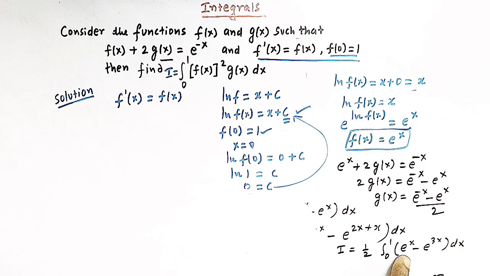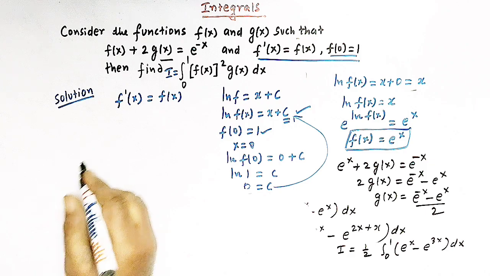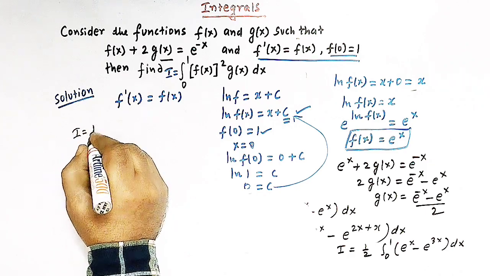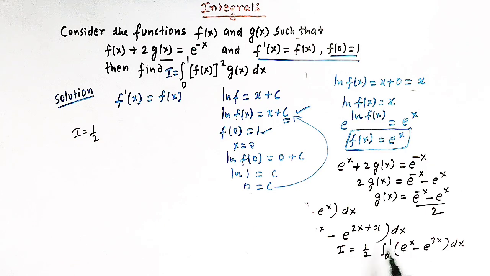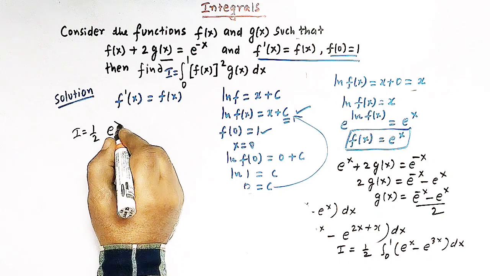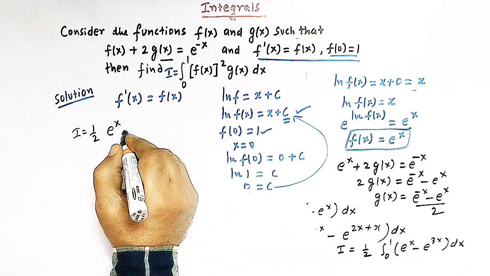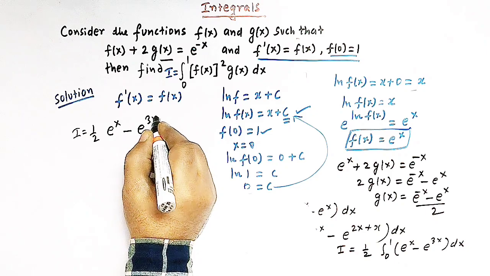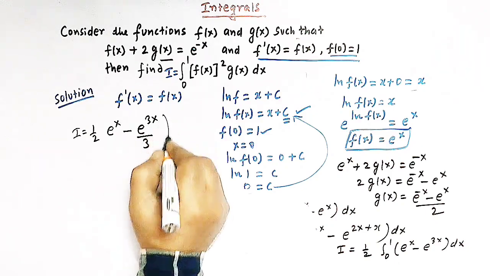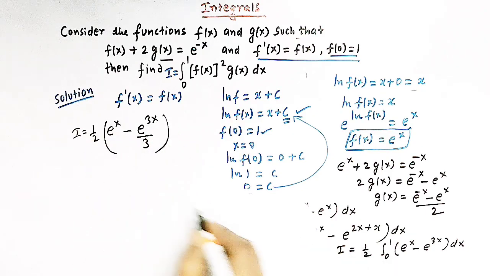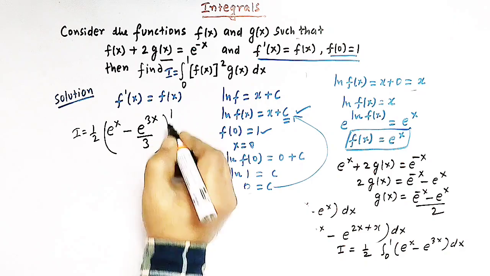So now let us simply find out the value of this integral. So we have I, half the integral of e raised to x is simply e raised to x, and the integral of e raised to 3x is e raised to 3x over 3, and the limits of integration are from 0 to 1.